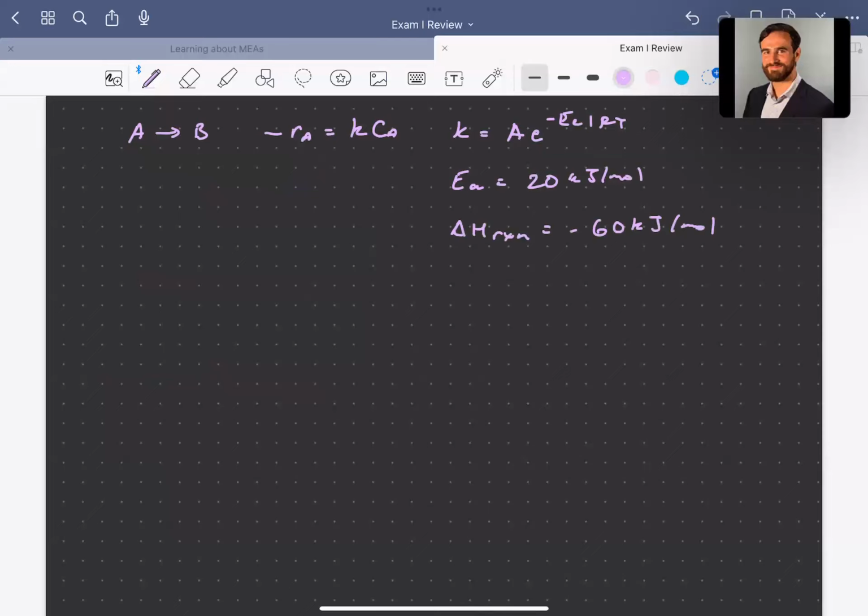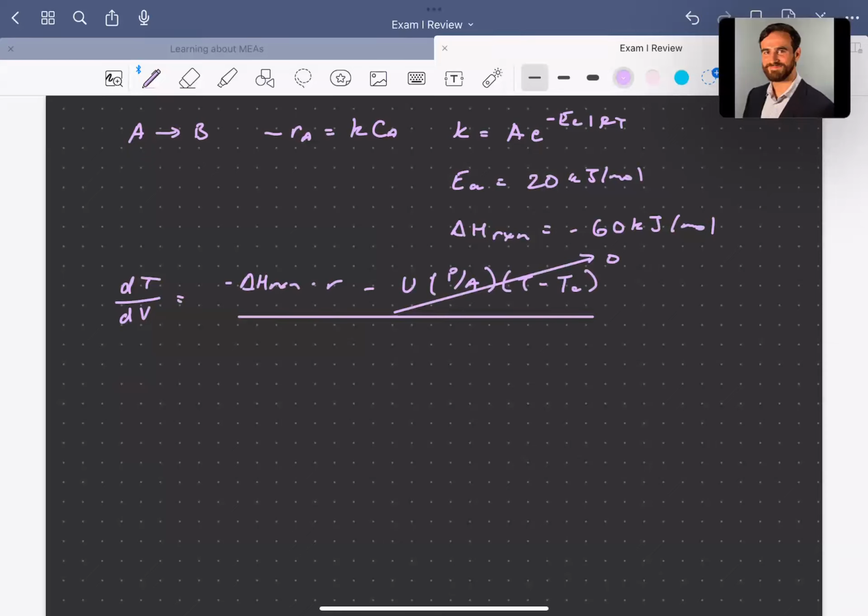Okay, so if we have our energy balance, dT/dV is equal to minus delta H of reaction times r minus this term associated with heat exchange. So this is actually all going to be 0, since we said it's an adiabatic reactor.